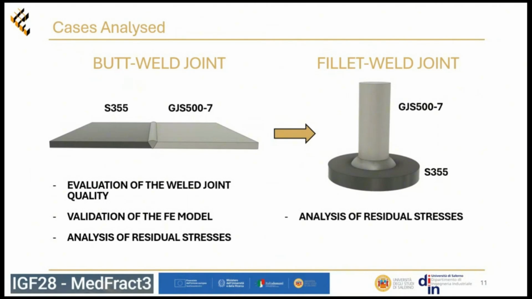So, for this reason, we welded a butt weld joint for the evaluation of the weld joint quality, to validate the welding process, and also for the validation of our finite element model.